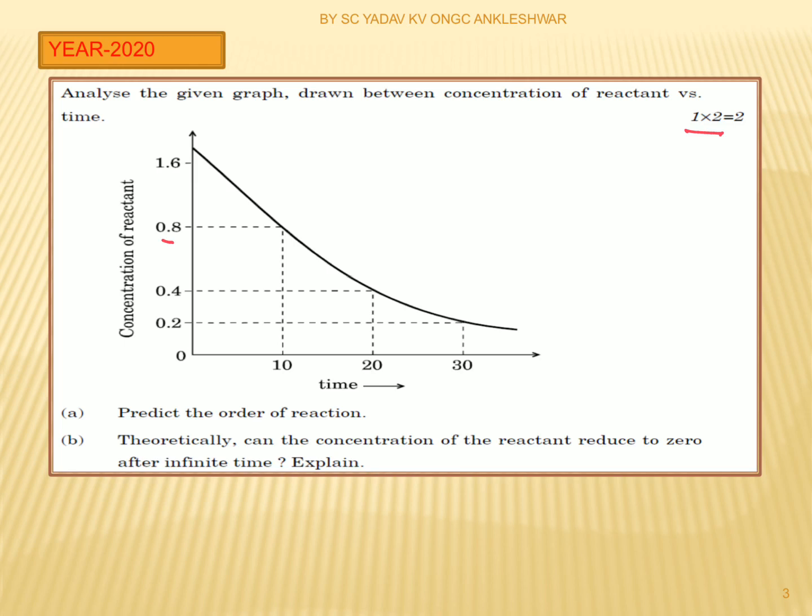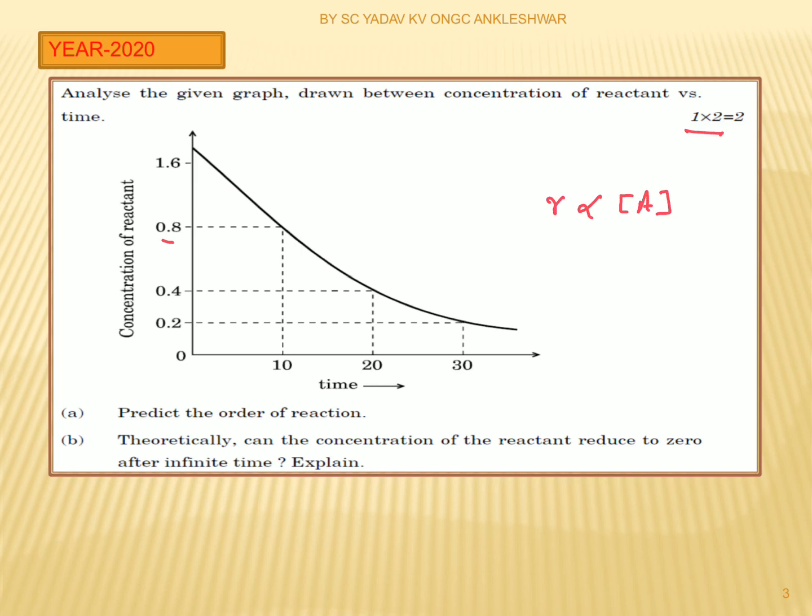So what is the conclusion? The conclusion is that the rate of disappearance of a reactant is proportional to time. What are you seeing here? The concentration is decreasing with time, but for every 10 seconds it becomes half. So you can say that this is a first order reaction. Why? Because you have studied that rate is proportional to the concentration of reactant in case of first order reaction.